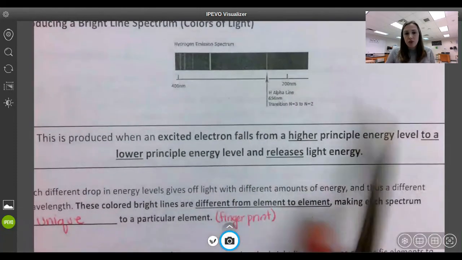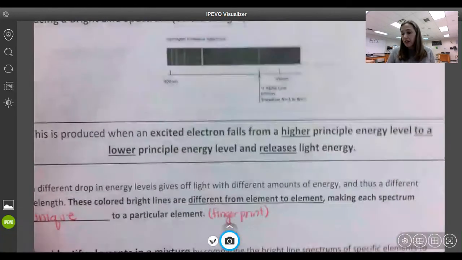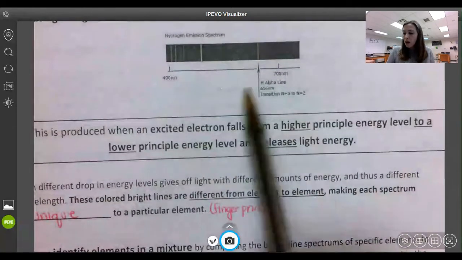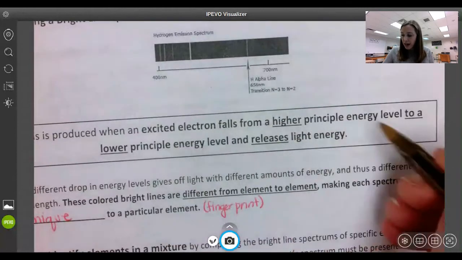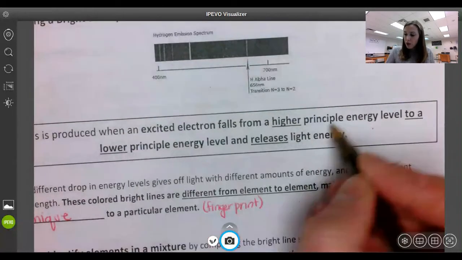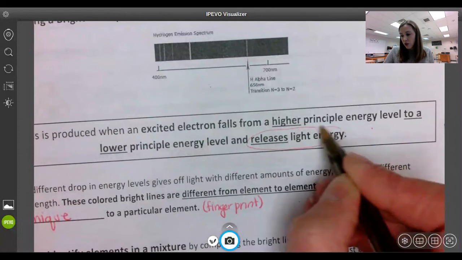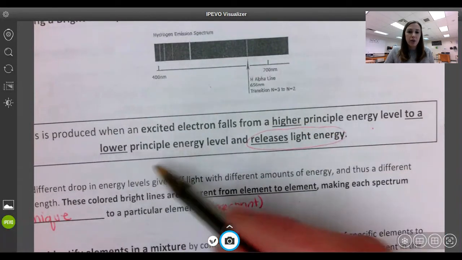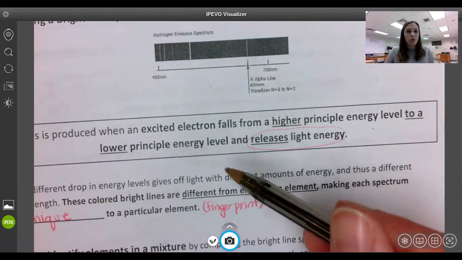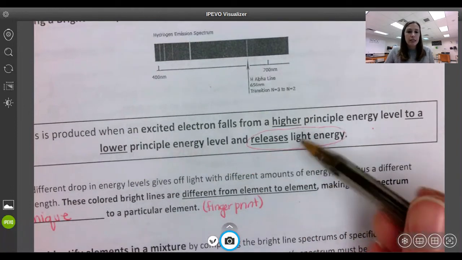So these spectrums get produced, or the color of light, like in a neon lamp, is produced when an excited electron falls from a higher principal energy level to a lower one and releases light energy. So those colors are being released because that excited electron is falling from that higher to lower level.